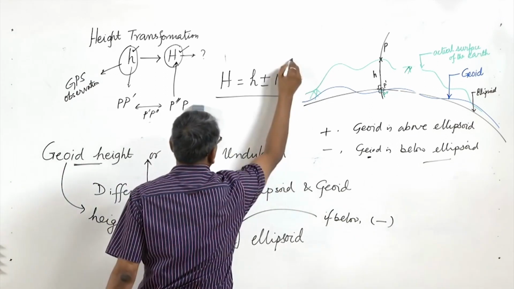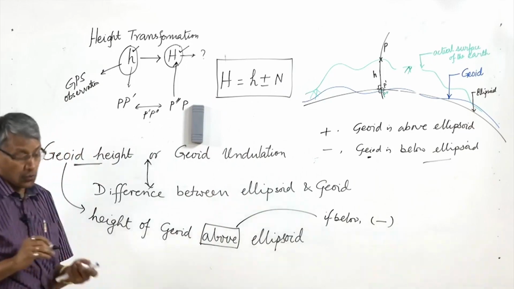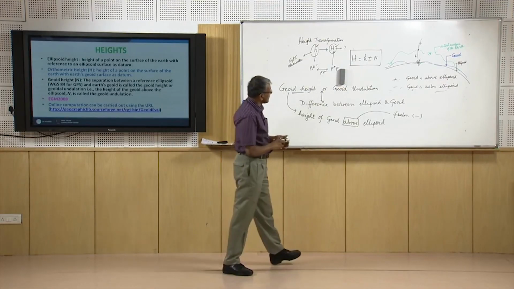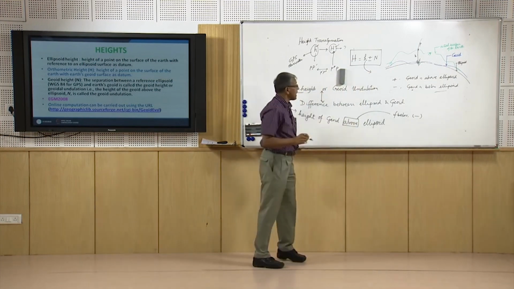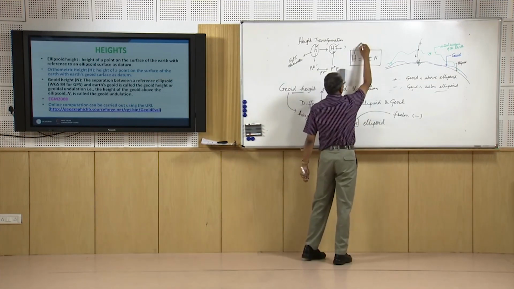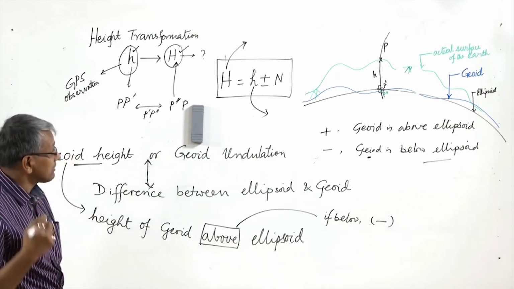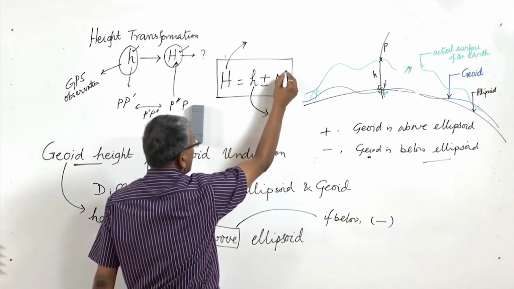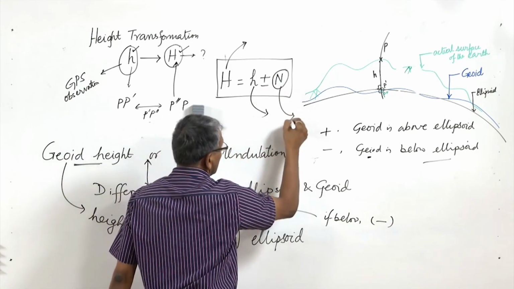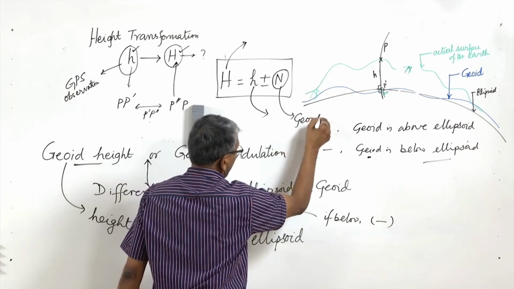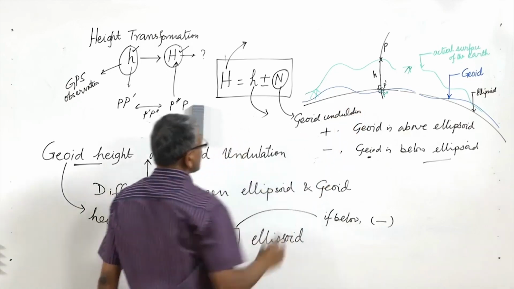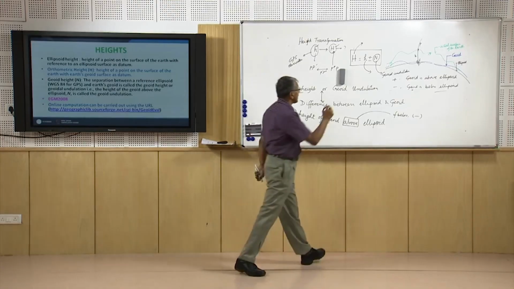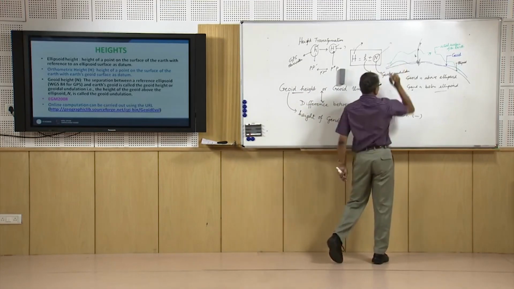So this is the relation which we get between the ellipsoidal height which we get from GPS and the orthometric height which we are going to need, and N is the geoid undulation. Now the next question is how to get the geoid undulation.